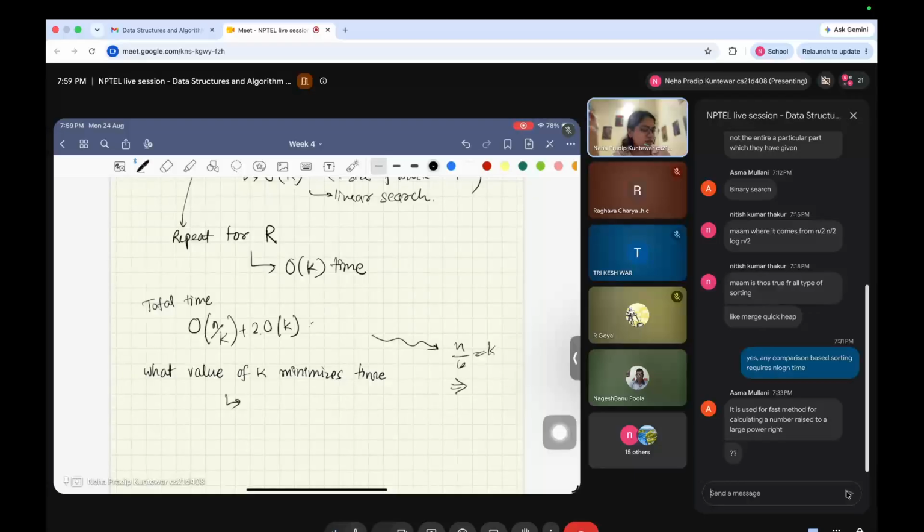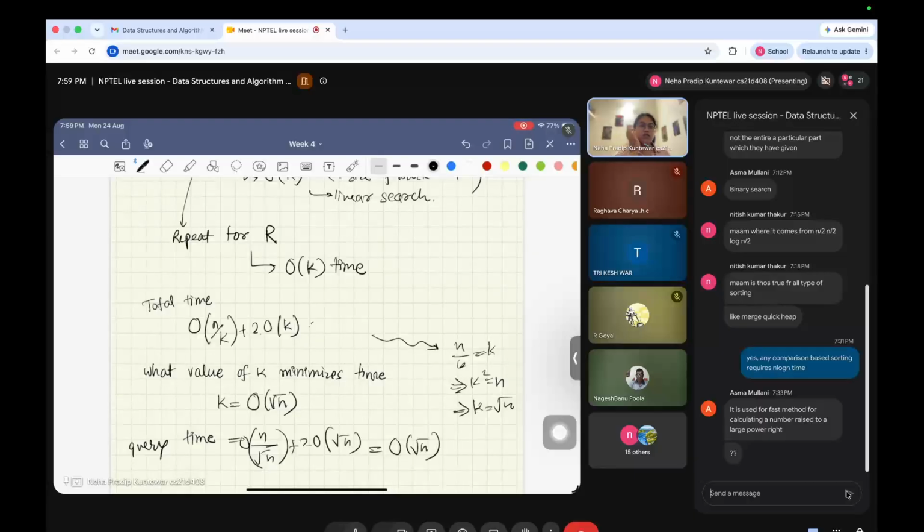So k square is equal to n, which implies k is equal to square root n. So if you choose k to be order square root n, then the query time is n by square root n plus 2 times order square root n, which is still order square root n.